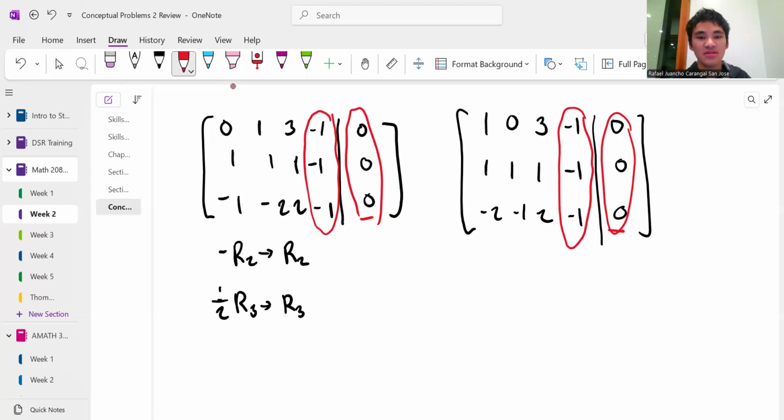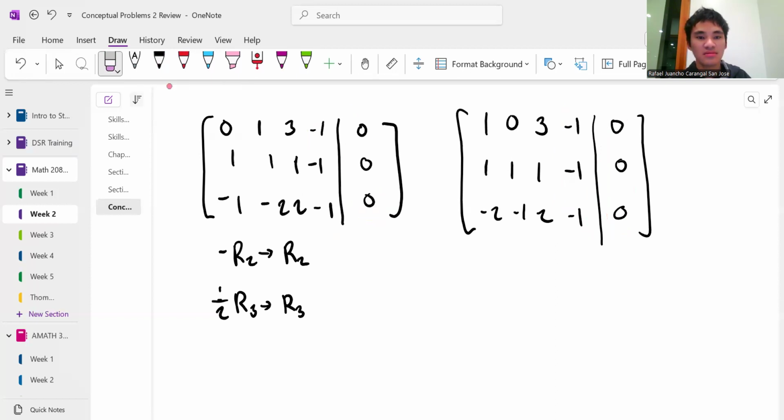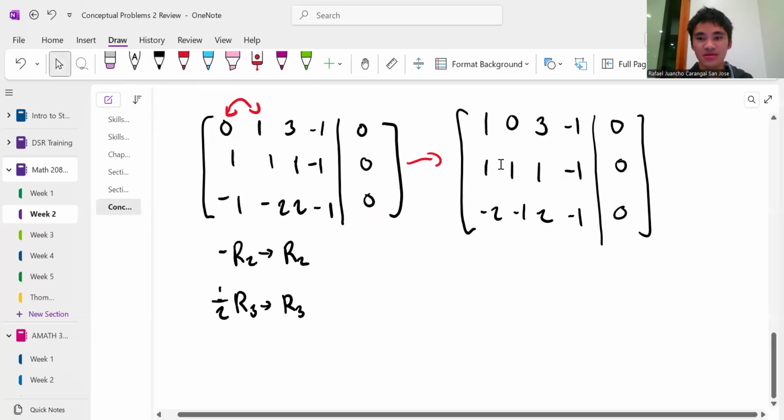If we look at this, right? Here we can see that we switch these two to get to this. We switch these two columns to get to this. Now I know in linear algebra that doesn't work, but that's the idea. We switch these two columns to get to this matrix, right? I hope everyone sees that.